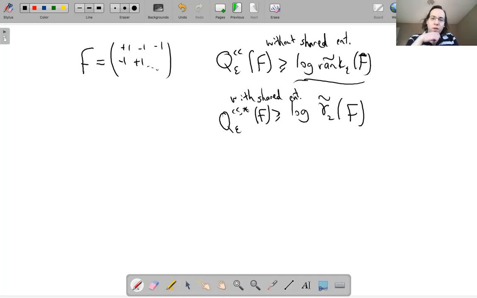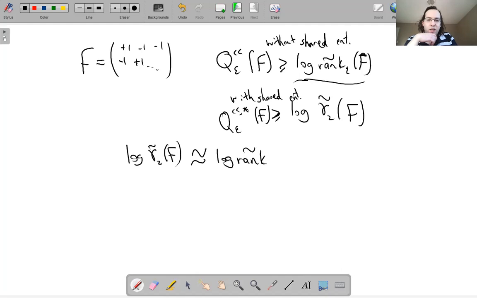So we have a kind of a better lower bound technique. Also, it will turn out that log of approximate gamma 2 norm is roughly equal to log approximate rank of F. Okay, there's a bit of a loss there. The loss depends a little bit on the epsilon, on the error level that you want to allow.